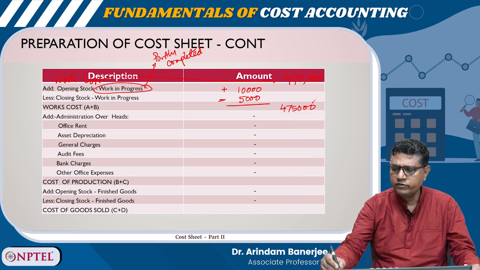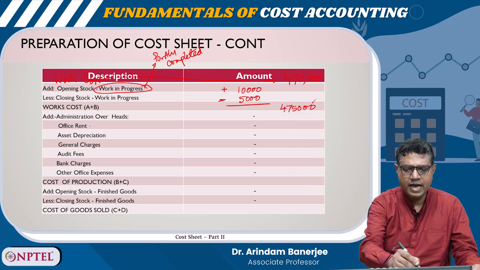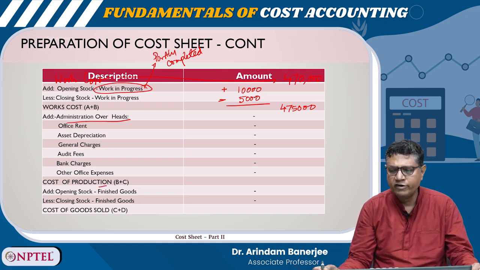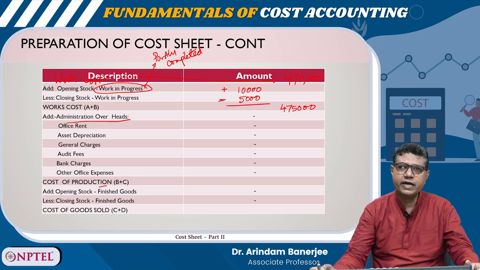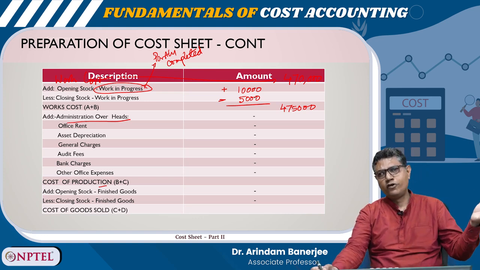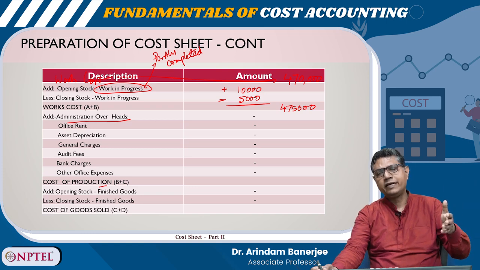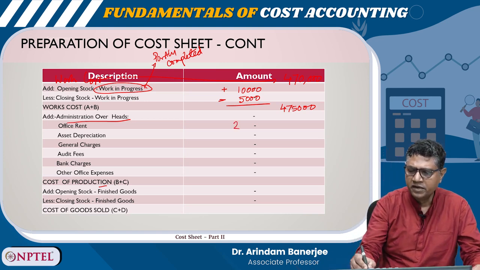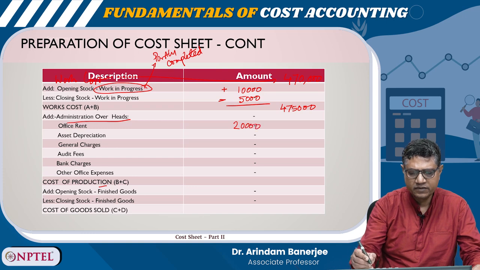With that, we will add all the administration overheads to arrive at the cost of production, right? So administrative overheads, office rent. The factory rent we have taken in the factory overhead. The office rent we will take under the administration overhead. Say the office rent is 20,000.